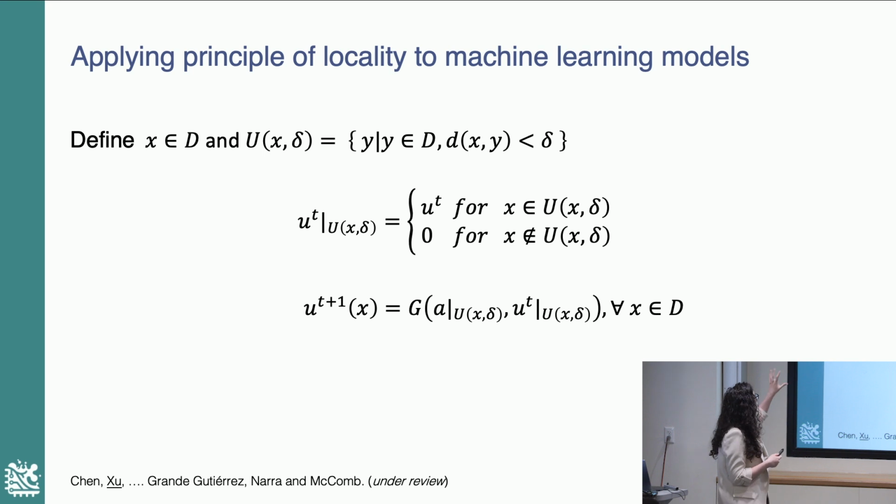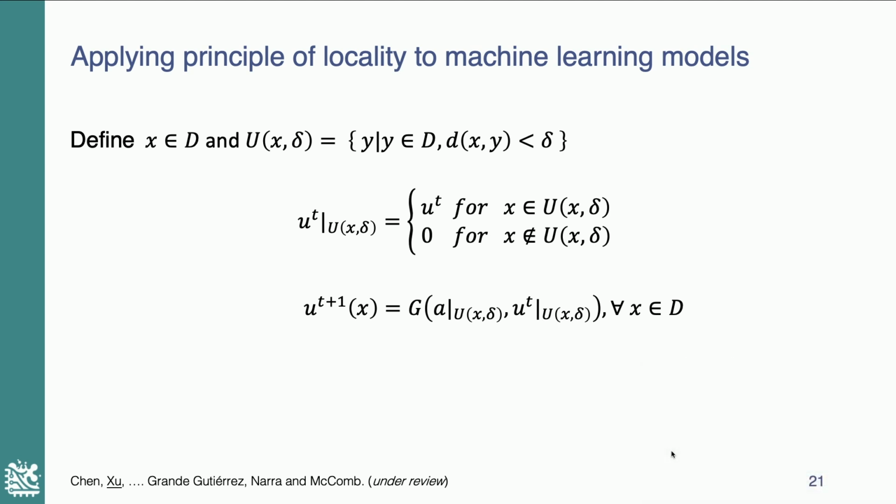Let's say we have a point X that belongs to our domain, and we can define this U, an area around this point that we consider as the locality, okay? Because we can define the function that way, basically ignoring what is outside this locality, we can also rewrite and formulate the neural operator to be acting on that locality too. So that's the idea.